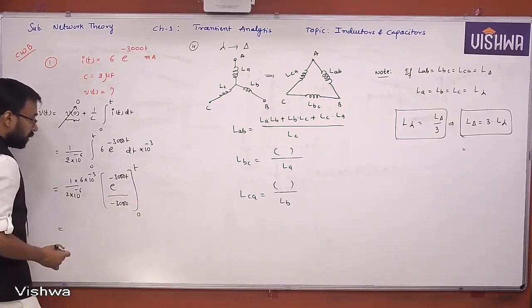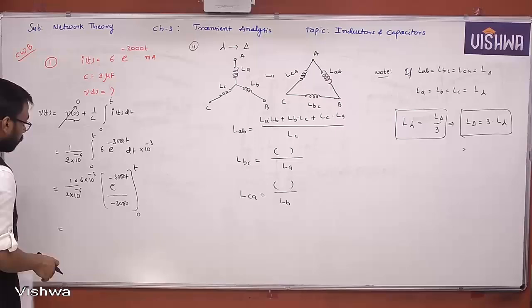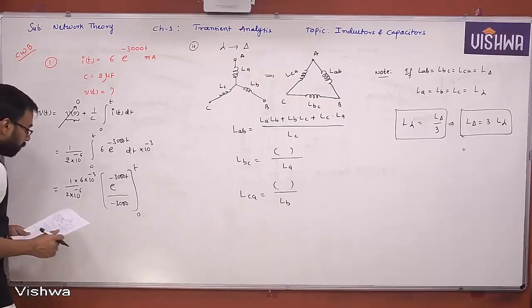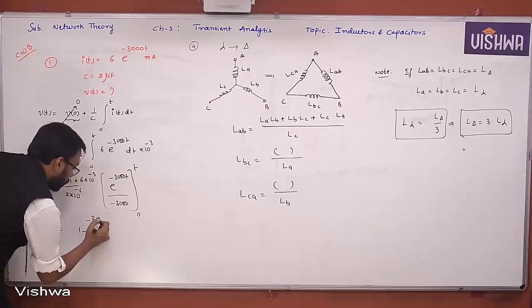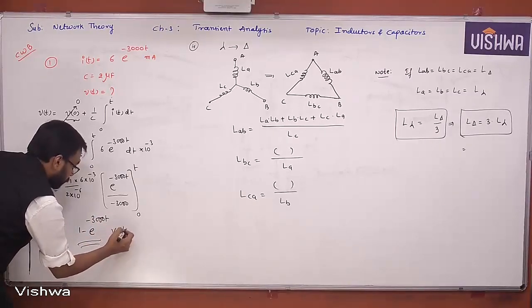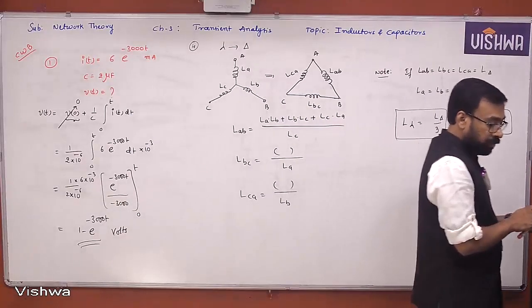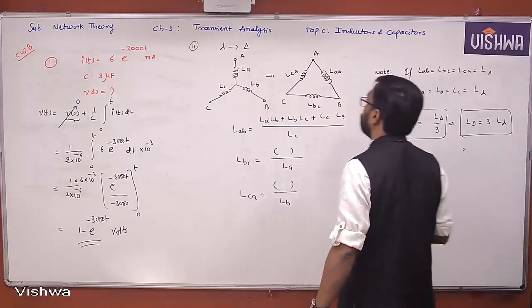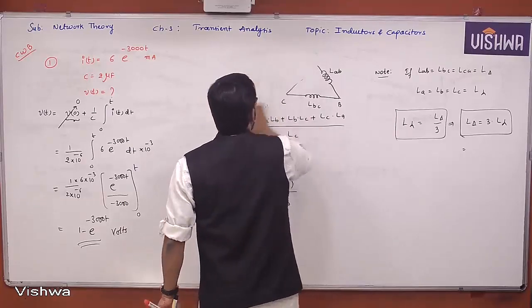You can easily simplify this. I'll give you the answer directly: 1 minus e power minus 3000 t volts. Note down all of you quickly. Very simple problem we started with.